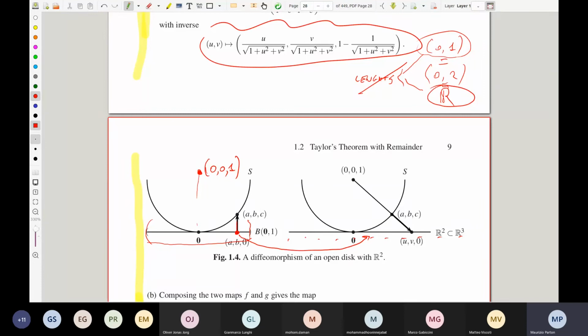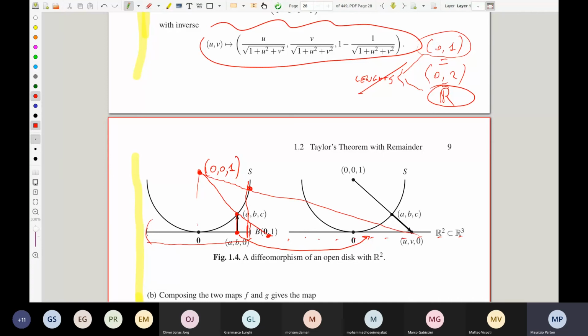You just take the corresponding point by vertical orthogonal projection on the sphere, and then you draw a line from here to here, and you land in another point. And you understand that the closer you are to the point 1, the higher you will go on the circle, and the farther you will go on the real line. So you can see that this is a map from the open interval (0,1) to the whole real line.